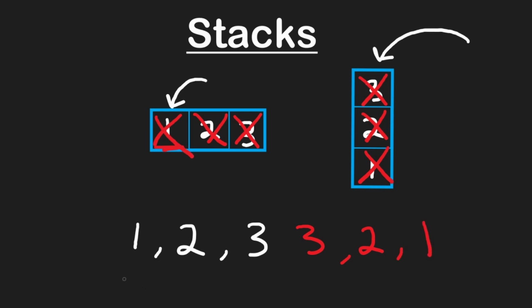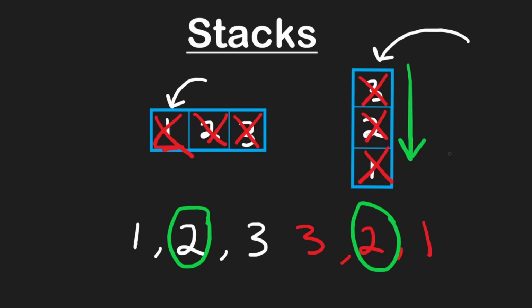So notice how the order that the elements were inserted in is the reverse of the order that the elements are removed in. In other words, the last element that was added to the stack is going to be the first element that's removed from the stack. The second to last element that was inserted is going to be the second to last that was removed if we pop all of the elements.